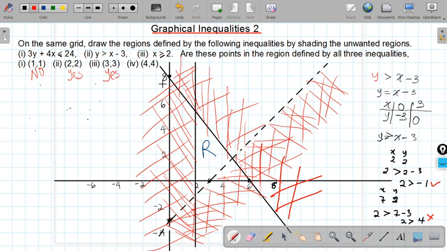And the last one, (4, 4), x is 4, y is 4. You see the point falls outside the region, so here is no. So this is how we solve the inequality.